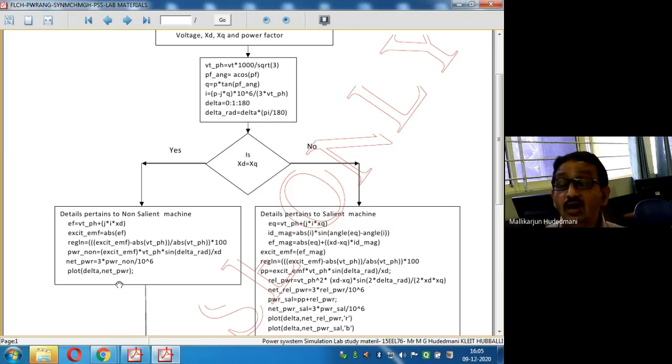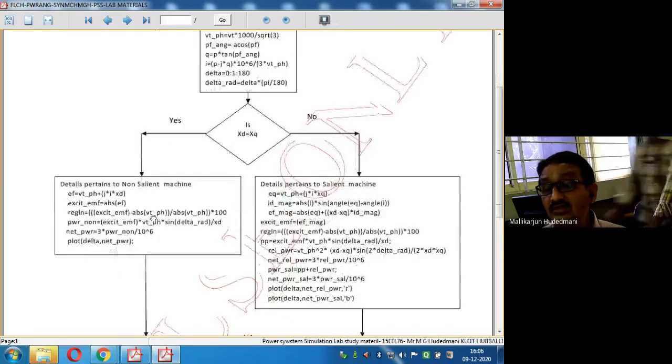So this is how the power angle curve of a non-salient pole machine can be understood by simple 5 coding lines, where delta keeps changing from 0 to 180 degrees and its radian data is fed into this calculation. So this is how, when xd equal to xq is chosen, the curve moves to the left hand side of the representation, comes down and stops.